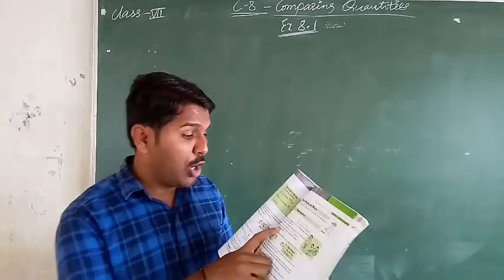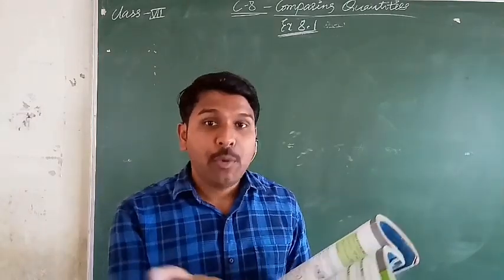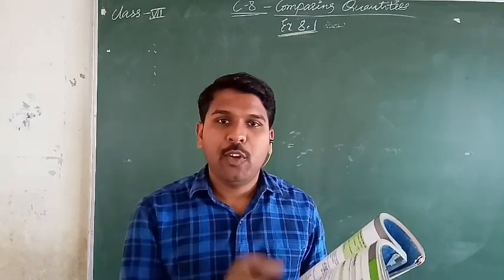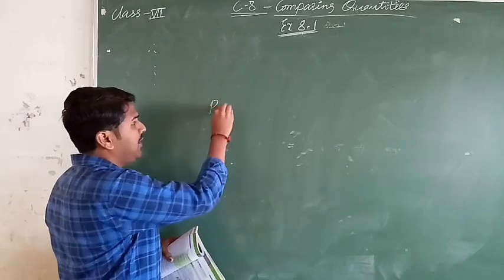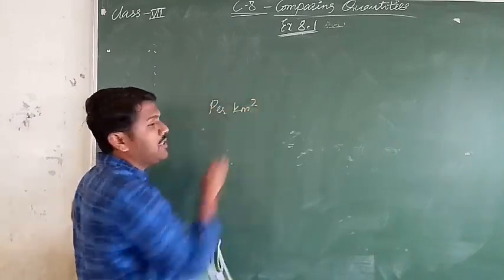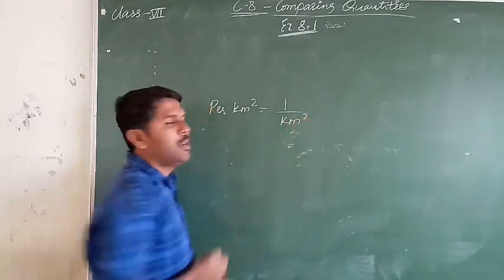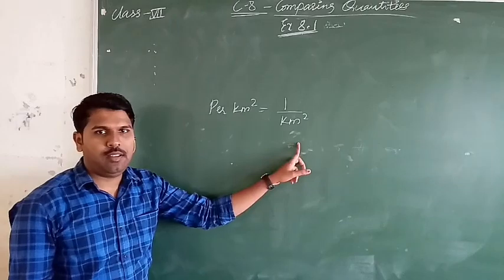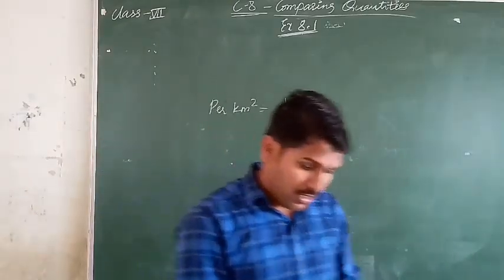Per kilometer means you have to divide the population by the area, then you will get per kilometer. Per means 1 by.